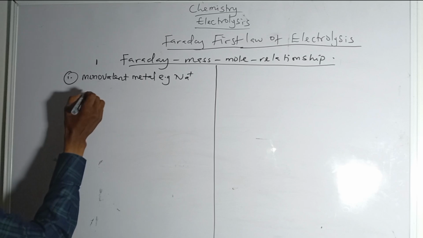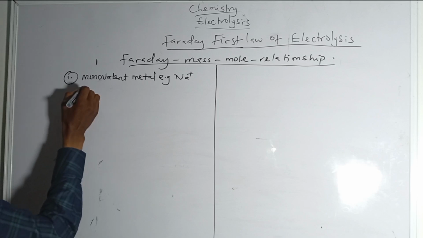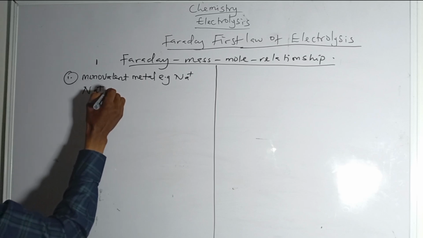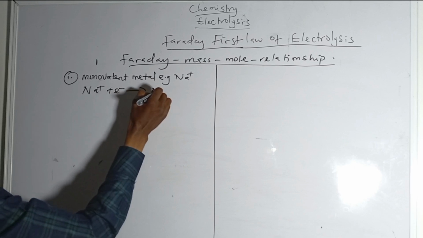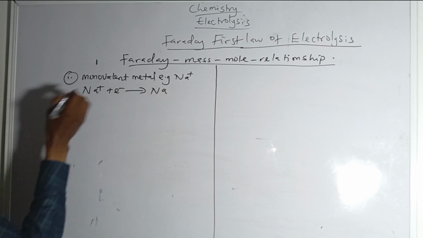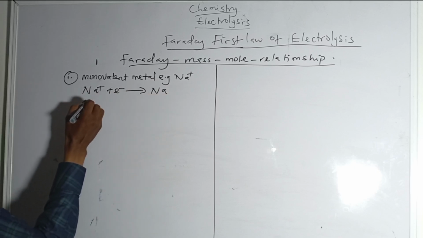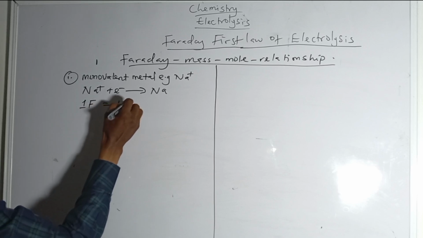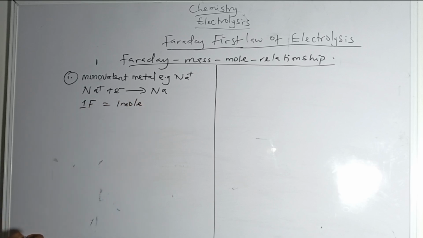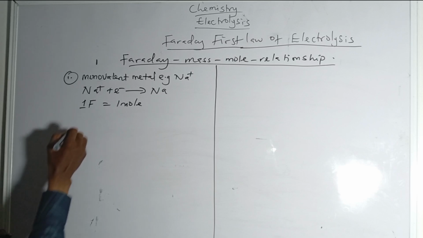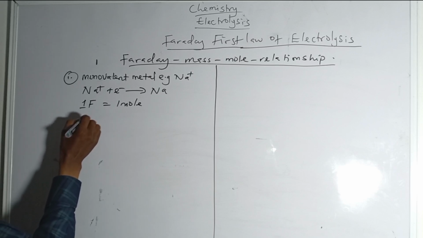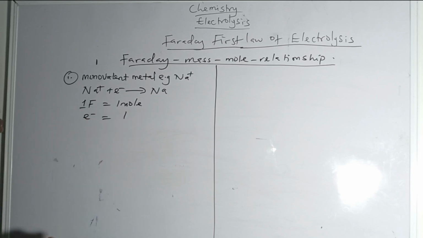So in that case, if you want to write the equation, you write 1 farad equals 1 mole. Then the E minus is equal to 1. So take note of these two: 1 farad equals 1 mole.